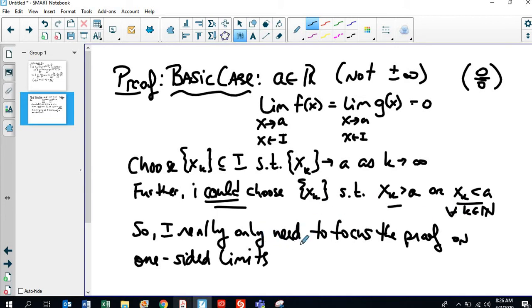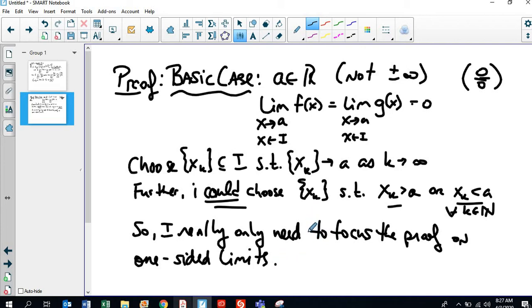So I'm not going to pick which side I'm going to do. I'm just going to say that I'm not worried about the one-sided limits. Okay, so I'm looking at it as an overall thing. I could simplify this down even further by making it one-sided limits if I wanted to, and that would still be okay. So instead of having to do the one-sided limits each single time, I'm just going to look at the overall limit. Okay, so there you go.